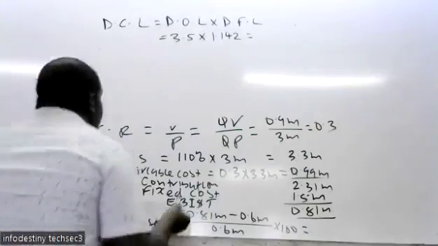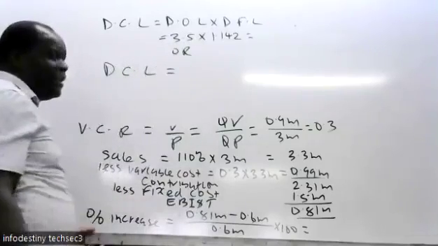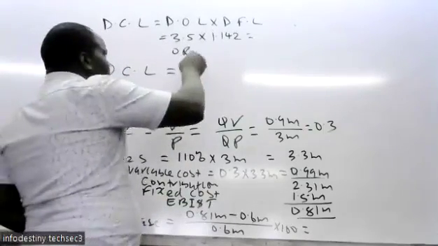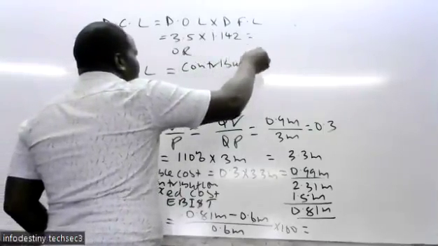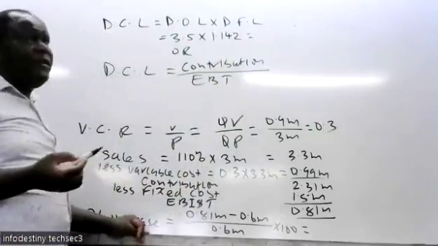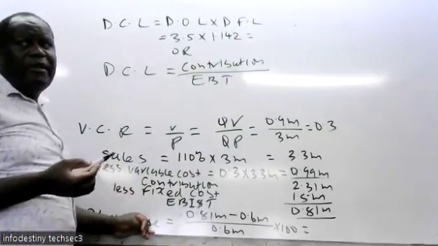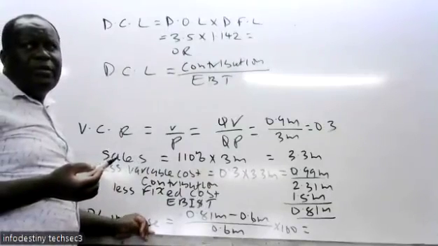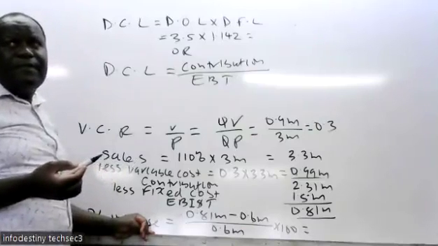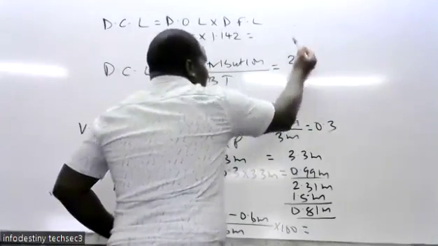Sometimes the degree of combined leverage can also be given by the contribution divided by earnings before tax. Contribution in the question is 2.1.